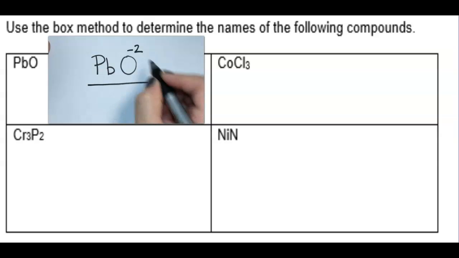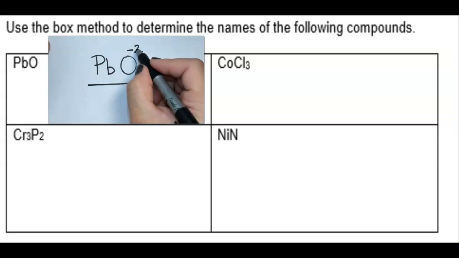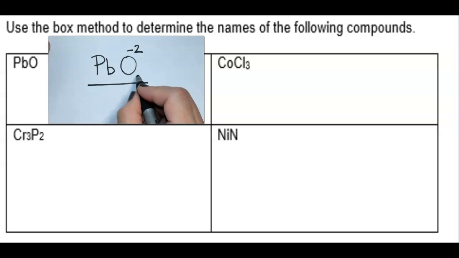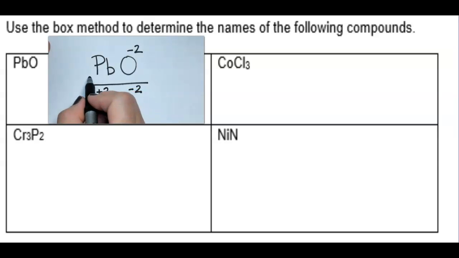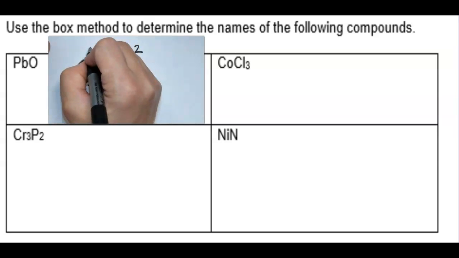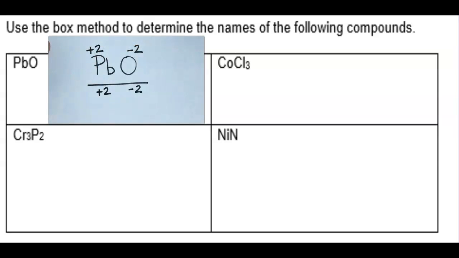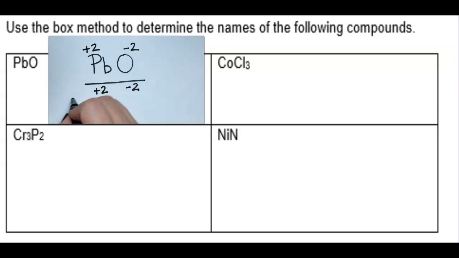That gives oxide an overall charge of -2 times 1, a subscript of 1, equals an overall -2 charge. That means that we need an overall +2 on the lead. Since there's only one lead, that means that 2 divided by 1 means this lead has a +2 charge. And so that makes the answer lead, Roman numeral 2, oxide.